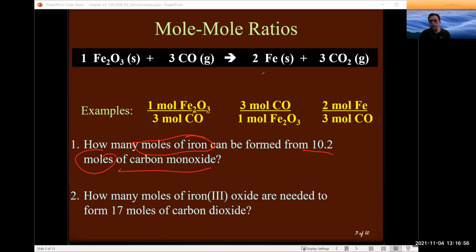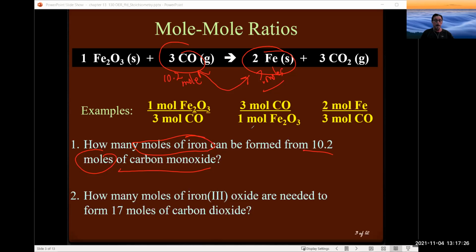So I go up here and I write down what I'm looking for in the equation. Can be formed from 10.2 moles of carbon monoxide. And so we got 10.2 moles of this. And so the only two species that we're concerned about is the relationship between carbon monoxide and iron.